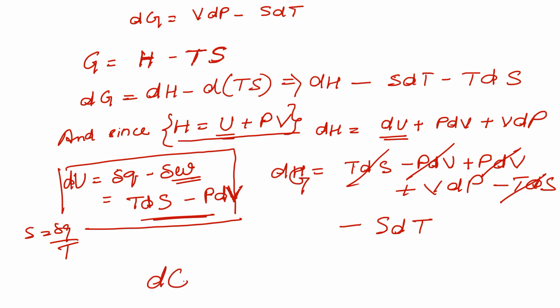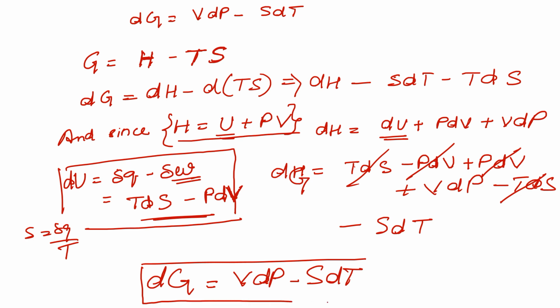So dG is equal to V dP minus S dT. This is how we reach this point. Of course, we have a set of assumptions that we take here, which are valid only for a single component system.